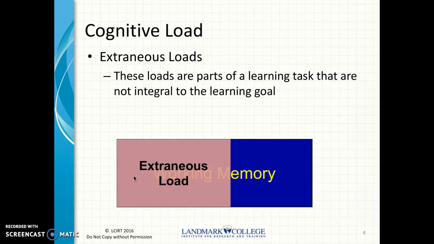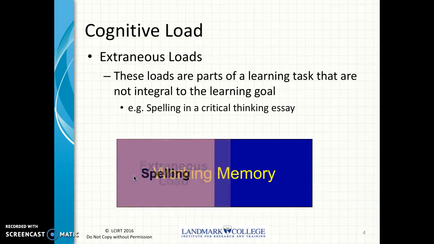One is called extraneous load, and this refers to any load that's not really part of your learning goal. Any learning activity you have, anything that's in a class or outside of it, is going to involve activities that aren't essential elements to your learning task, but including those is for the most part not completely avoidable.